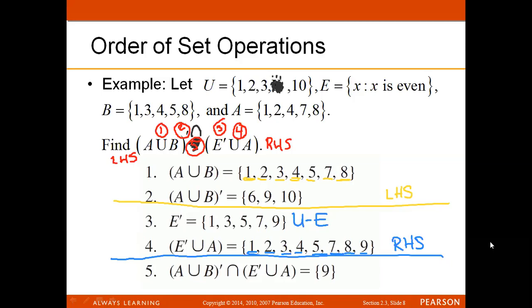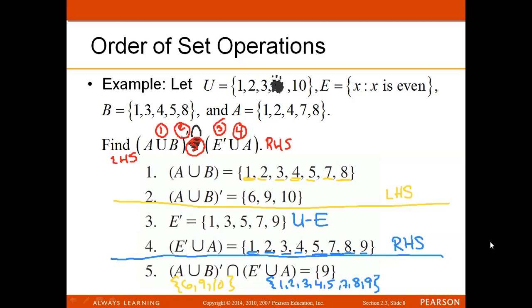So line 2 represents the left-hand side. That's our 6, 9, and 10. Line 4 represents the right-hand side. That's our 1, 2, 3, 4, 5, 7, 8, and 9.